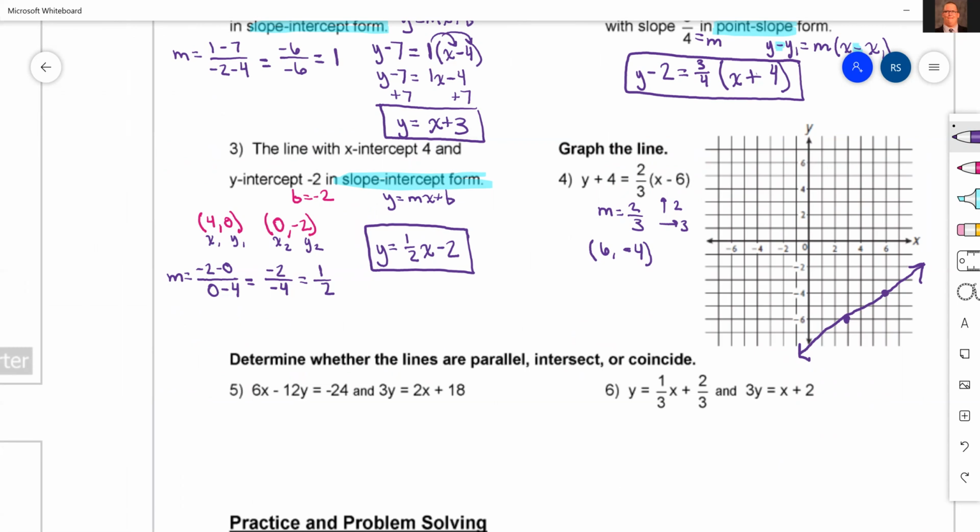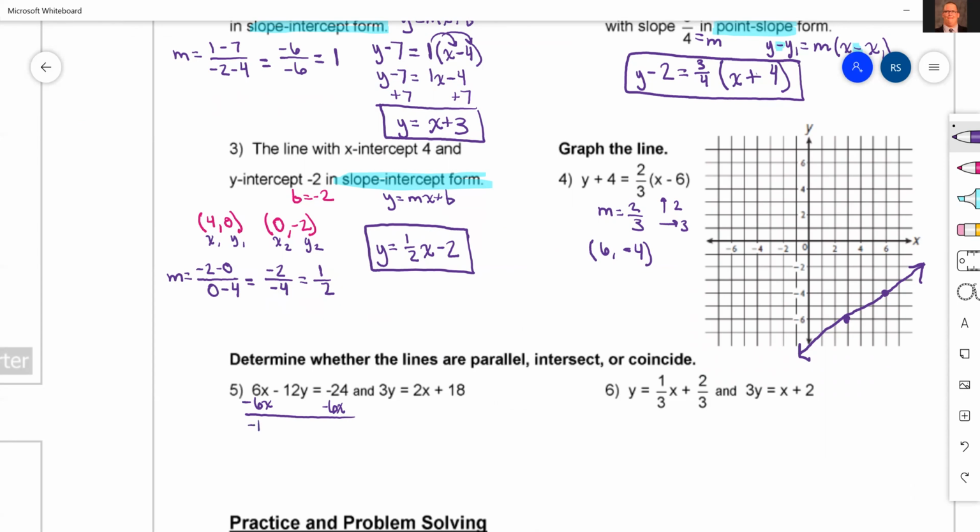Whew. Okay, last one. Determine whether the lines are parallel, intersect, or coincide. Well, for that first line on number 5, is it good, or do we have some magic to work? We've got to work our magic here. We've got to get y by itself. So let's subtract 6x from both sides.